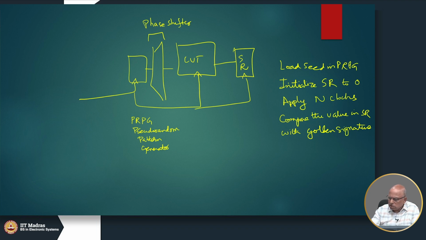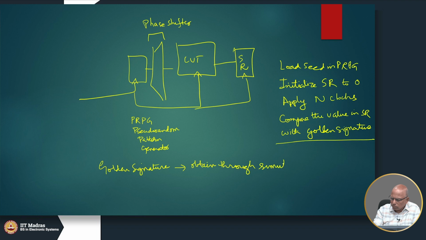Now, the golden signature, how do we store it? We may know this golden signature from simulation. So, the golden signature we obtain through simulation. We simulate a good circuit and figure out what the good circuit signature is.